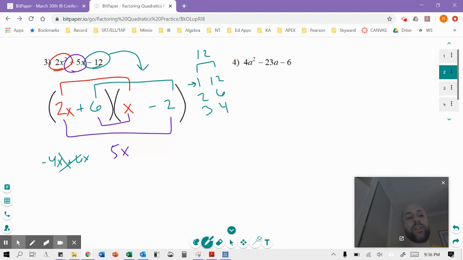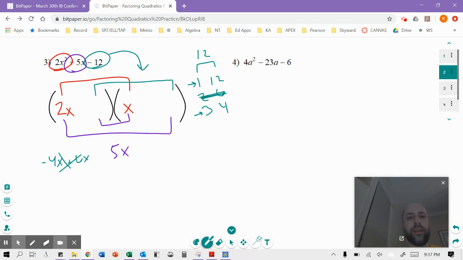So again, if I just switch the signs, that would just add up to the opposite sign, but again, not 5x. So at this point, I've checked all possible combinations of 2 and 6. So it's not 2 and 6. So again, I'm going to jump to 3 and 4 and start checking, because I'm fairly certain it's not 1 and 12, just because that would give me larger numbers that I don't see as that middle term.